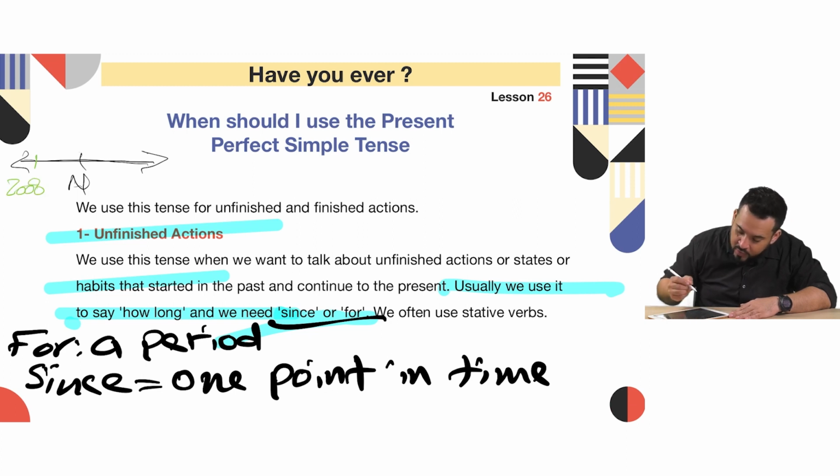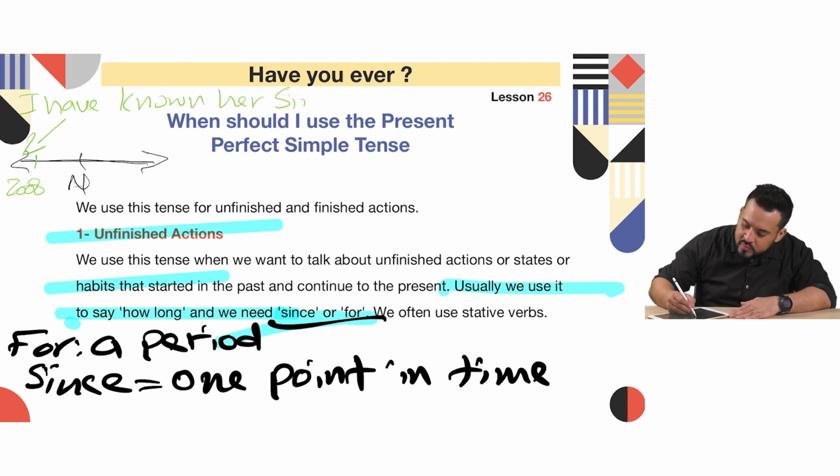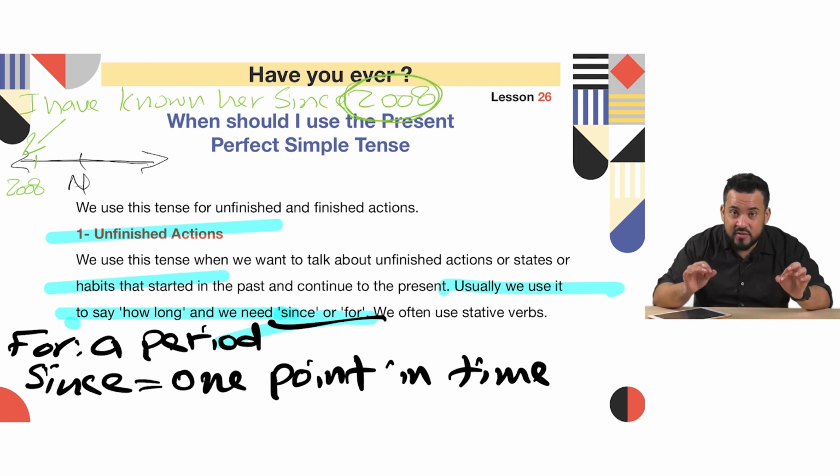Let's say this point is I have known her since 2008. So this is the date, this is the since, this is the starting point.